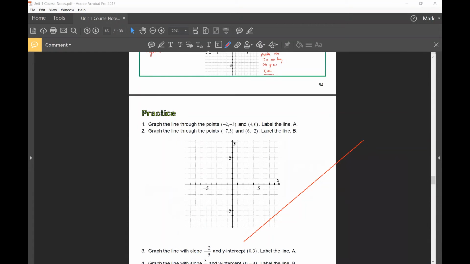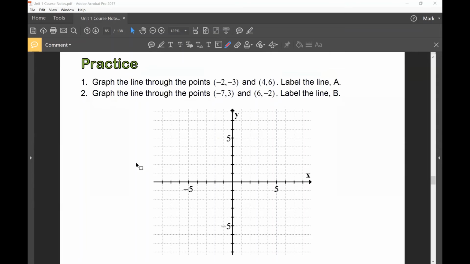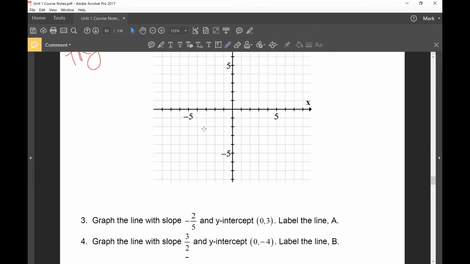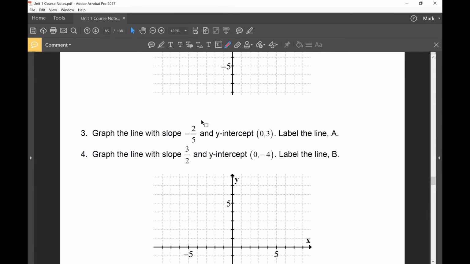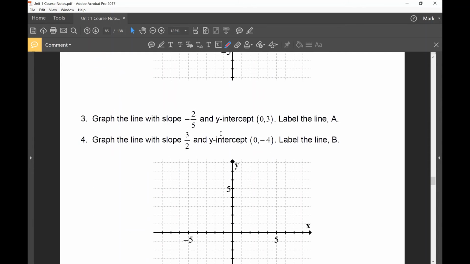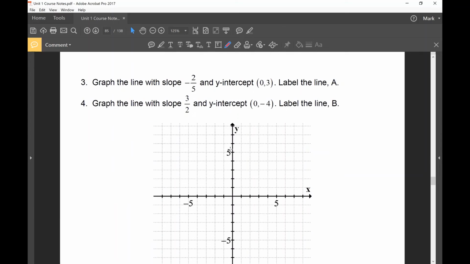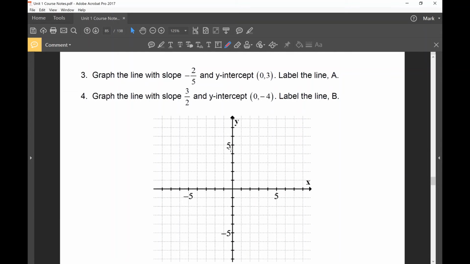You can ask questions whenever you want, but if there are none, and I know this is going to be very difficult because some of you don't have anything printed, I would like you guys to try this. Actually, hold on. Let me just see something. No, 1 is pretty easy. Let's not do 1 and 2. Ignore that. Don't do that one. This is the harder one. Try this one.